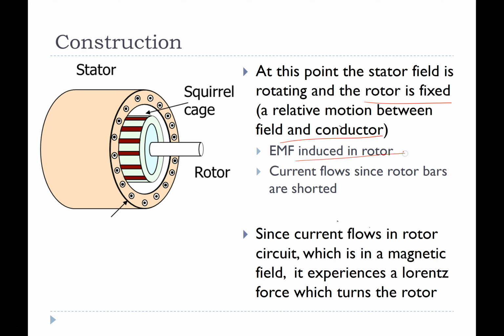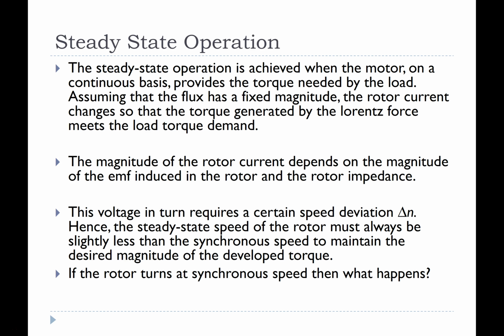So an EMF is induced and current flows since the rotor bars are shorted to each other. And since we now have current flowing in the rotor circuit, which is in a magnetic field, we have a current carrying conductor in a magnetic field, it experiences a Lorentz force, and this causes the rotor to turn.